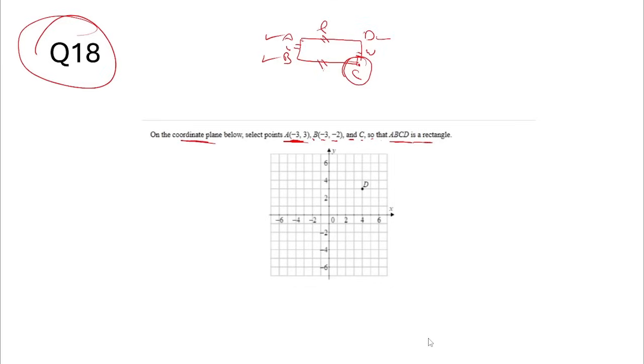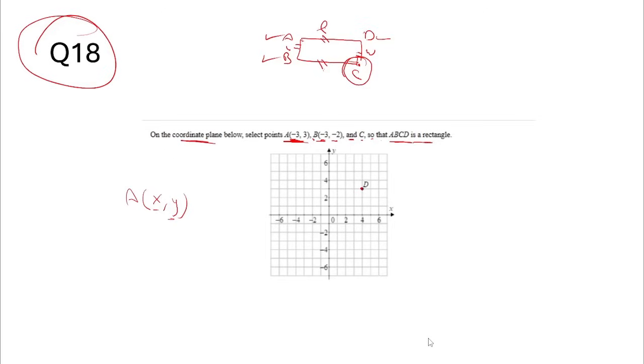Now before we start locating these points, let's see this point D. This point D is located in the coordinate plane using X and Y. So any point, when I locate it in the coordinate plane, I coordinate with the X value and the Y value.